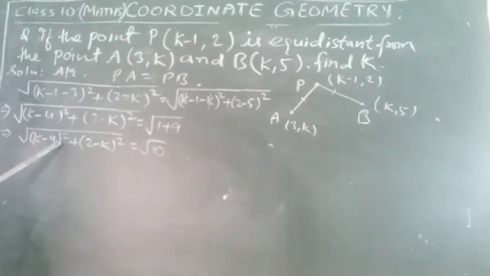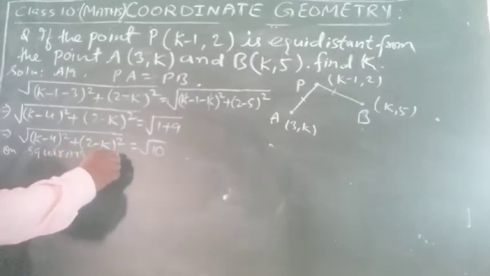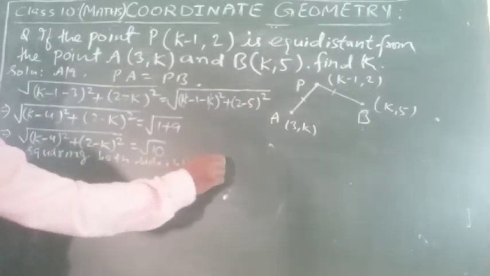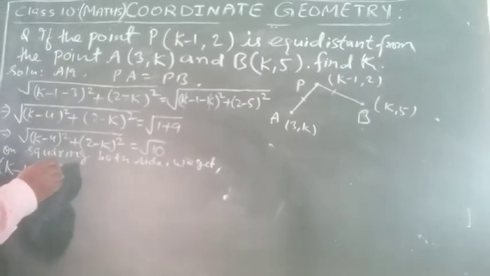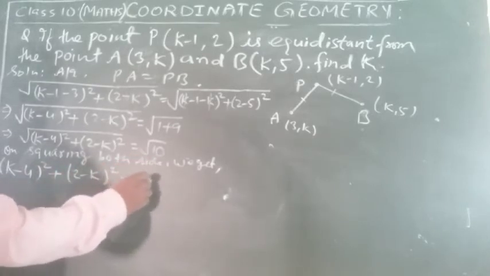If I have to remove root from both sides, I have to do square on both sides. On squaring both sides, we get, okay. So if you do square, this root sign will be removed from LHS and RHS. So (k minus 4) to the whole square plus (2 minus k) to the whole square equal to root 10 square, which becomes 10.